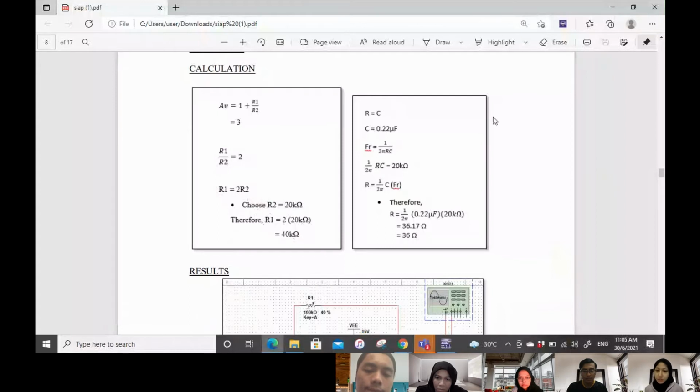So then R equals C, the resistor is equal to the capacitor. So the capacitor, we assume, is 0.22 microfarad. The formula we use is 1 over 2 pi RC, with the frequency equal to 20k.